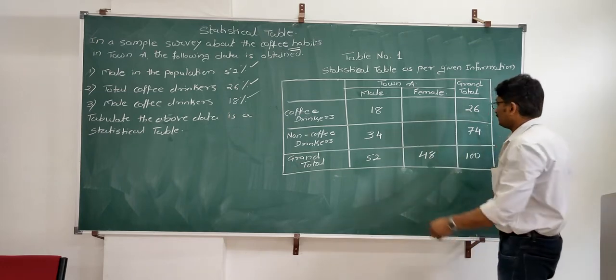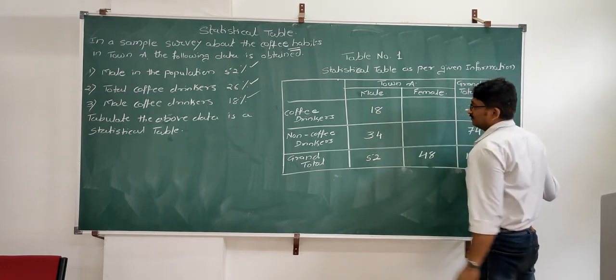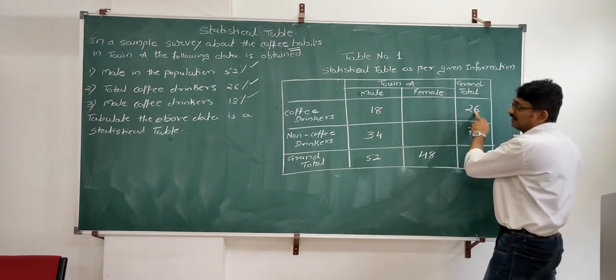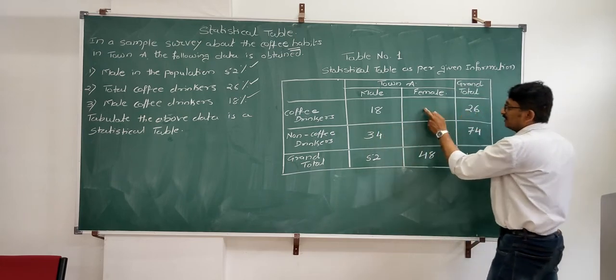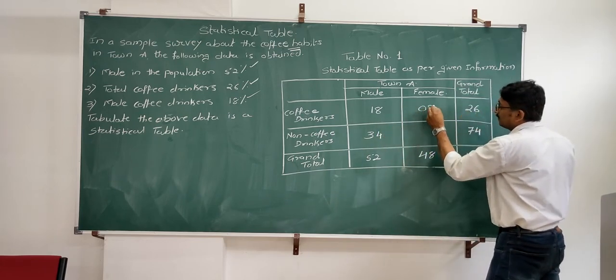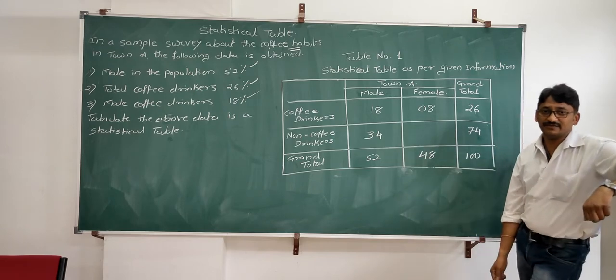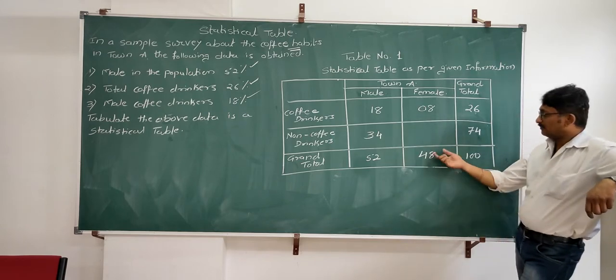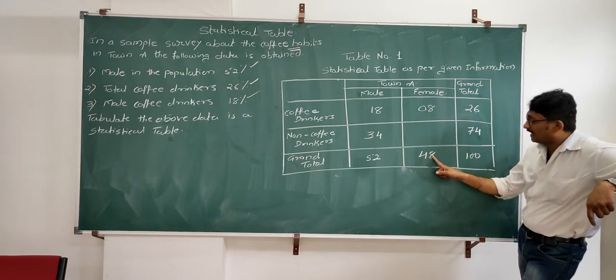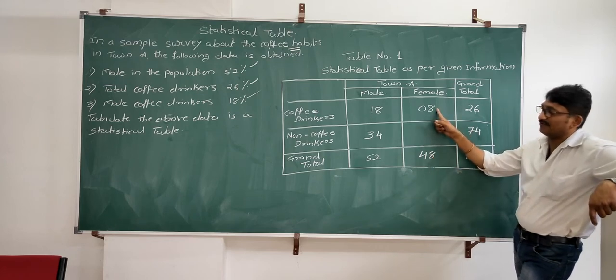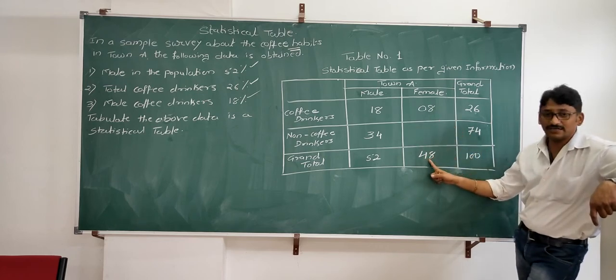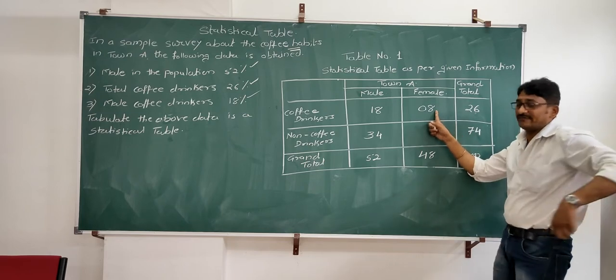Just balance it. 26 minus 18 means out of 26 coffee drinkers, 18 are male. Remaining 8 are female. Again balance this also. Out of 48 female, 8 are coffee drinkers.